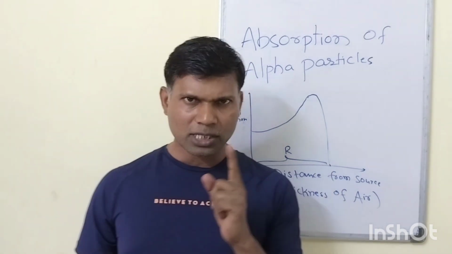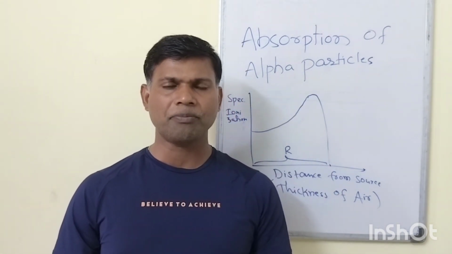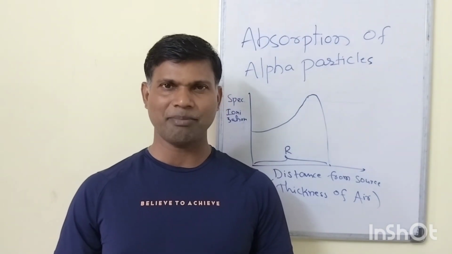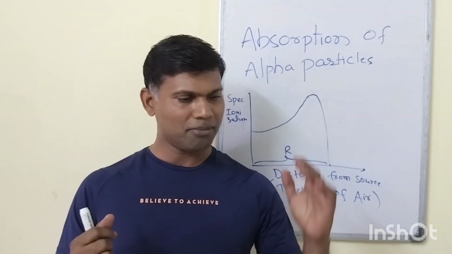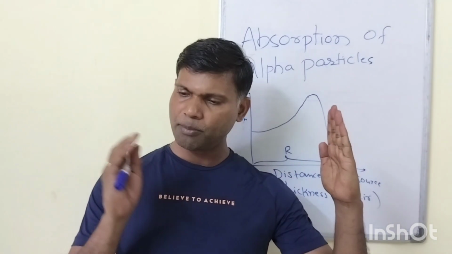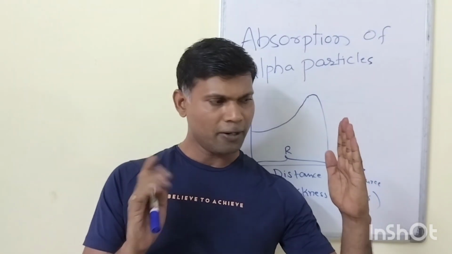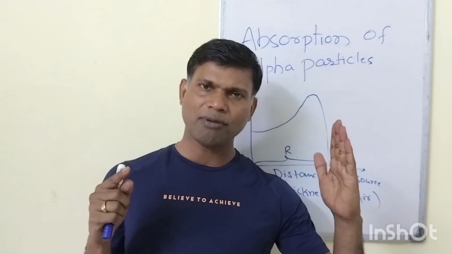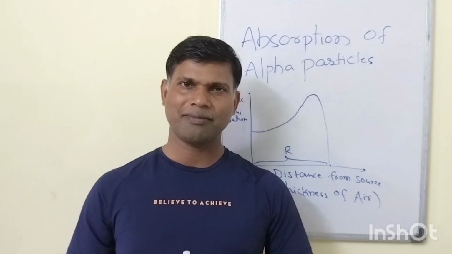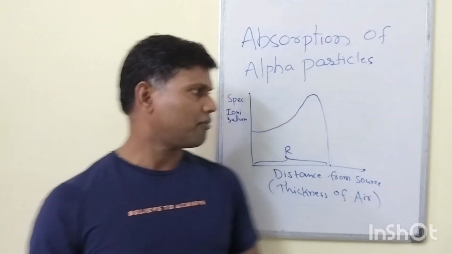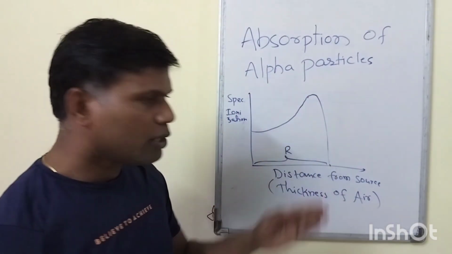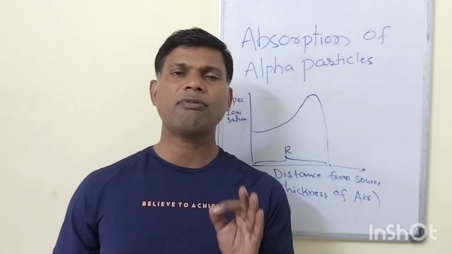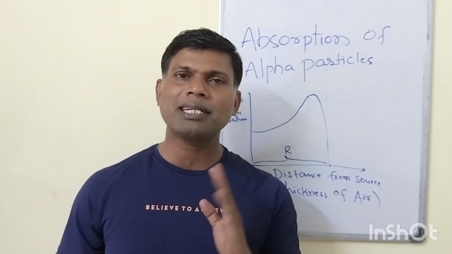From the source, not only a single alpha particle is coming; many alpha particles are coming. So I am putting the source here, I am putting the detector here. My question is, from this graph, can you say all the alpha particles have the same energy?